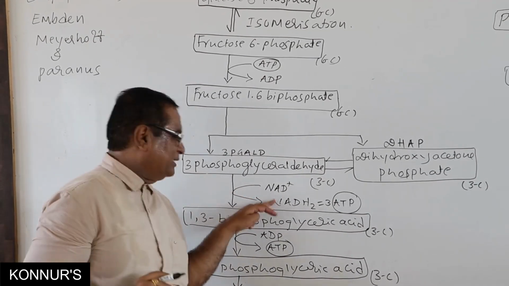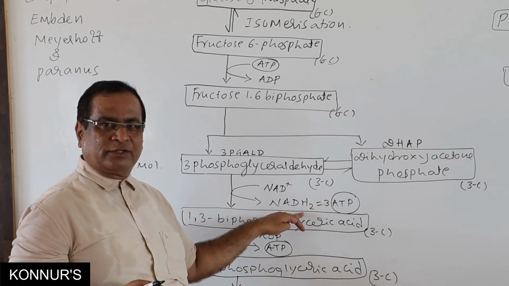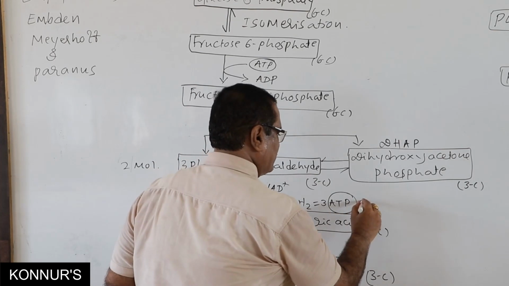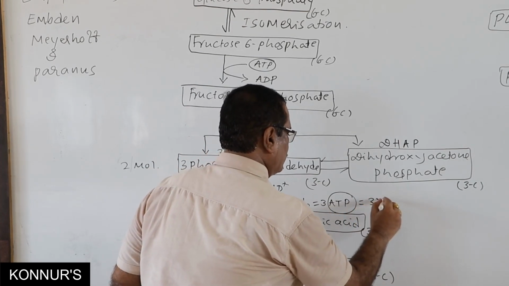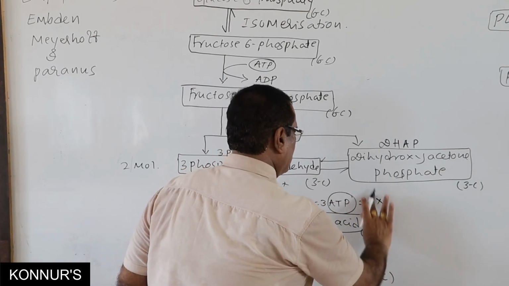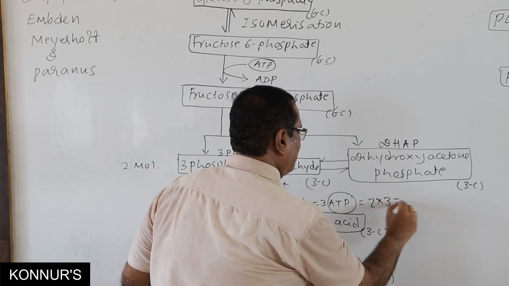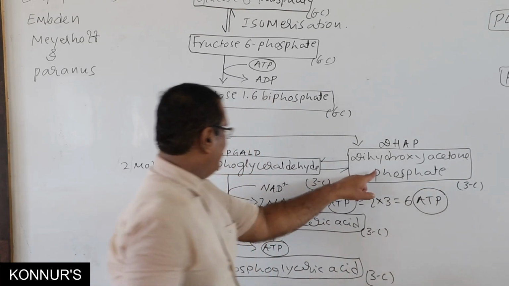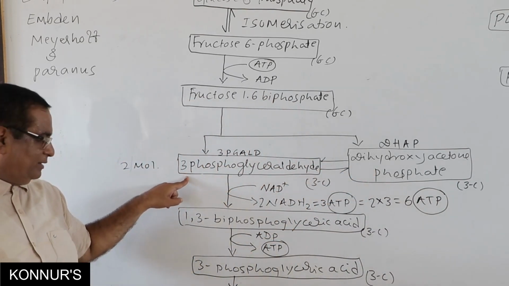And here just one NADH2 was formed. Now it becomes 2 NADH2. It means 2 into 3, 6 ATPs are generated, because it has converted into this.